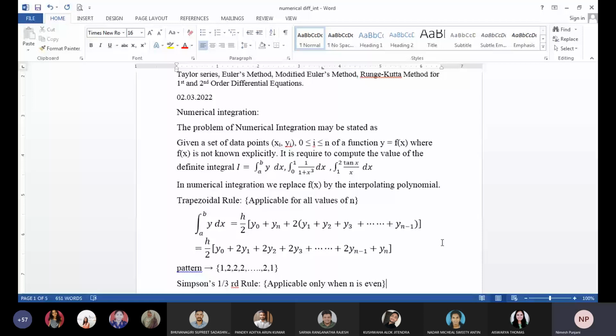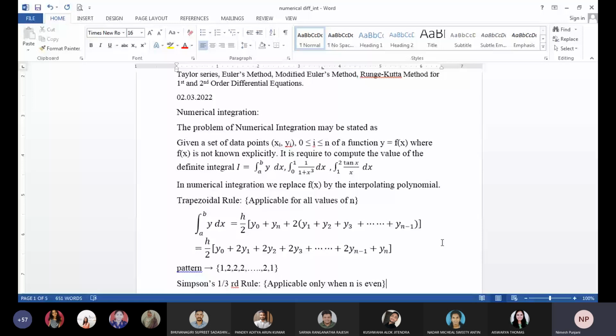So the trapezoidal rule formula is h by 2 multiplied with y0 plus yn plus 2 times y1 plus y2 plus y3 and so on. Again I repeat, it is h by 2 multiplied with y0 plus yn plus 2 times y1 plus y2 plus y3 and so on.